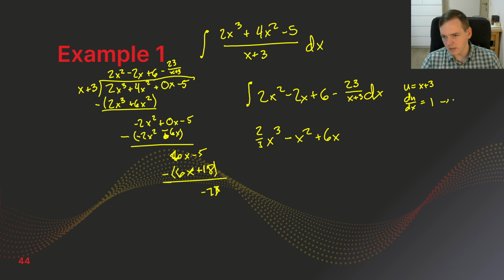So that means that dx is equal to du. So what that ends up meaning is 23 divided by u, and I'm integrating that, so that will be negative 23 ln absolute value of u, which will be x plus 3, and then plus c.